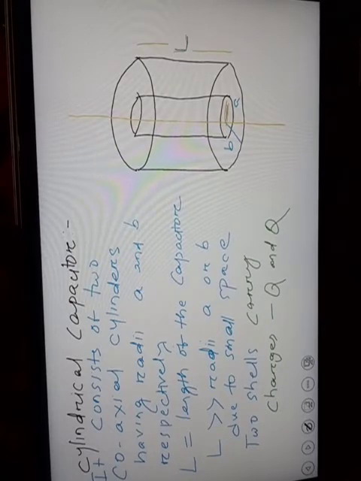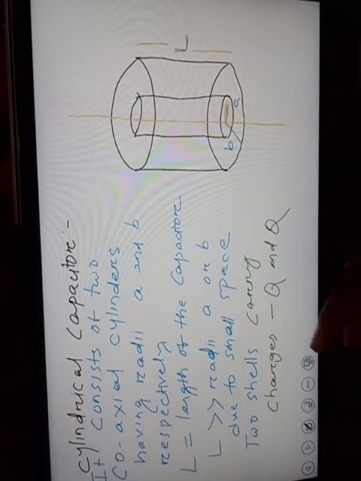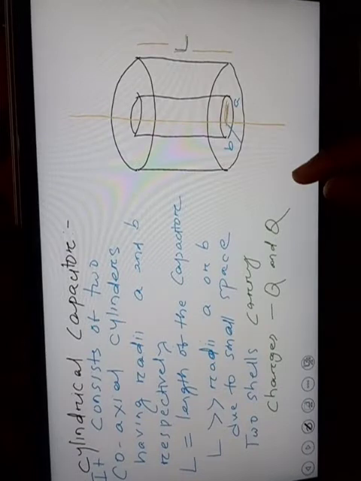So it consists of two coaxial cylinders having radii a and b respectively, and L is the length of the capacitor. The length is much greater than the radii a or b due to the small gap. The two shells carry the charges minus Q and plus Q.